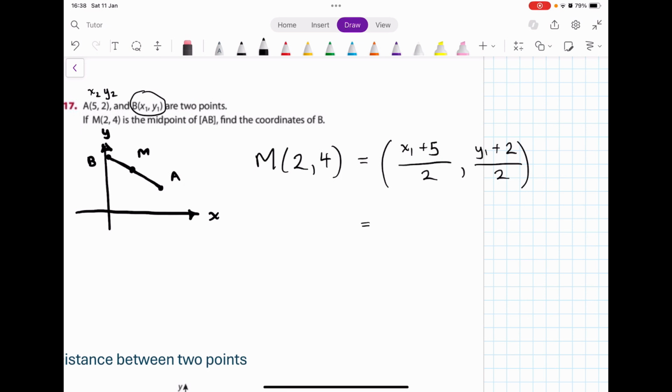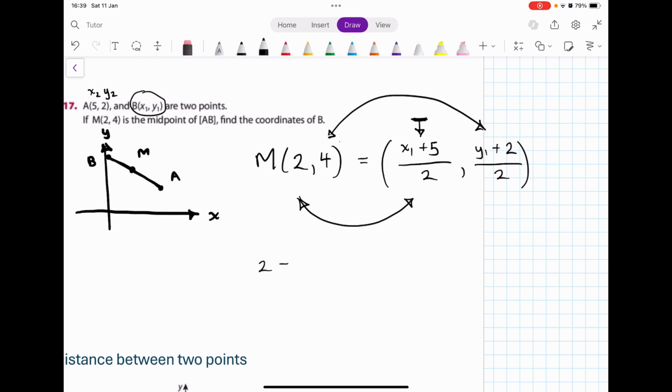So you can see that 2 is equal to this x-coordinate expression here, and 4 is equal to this expression here.